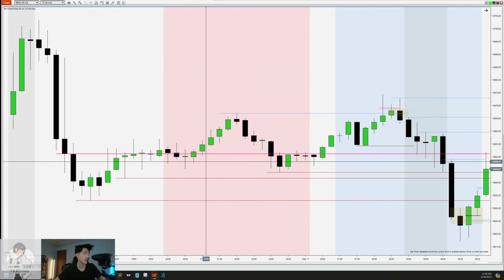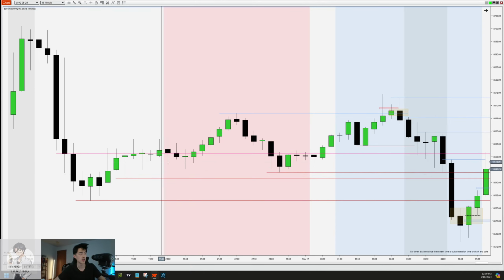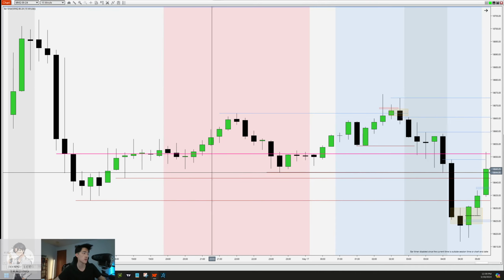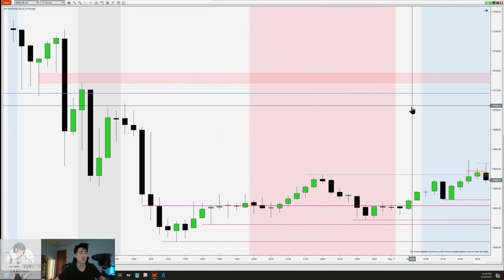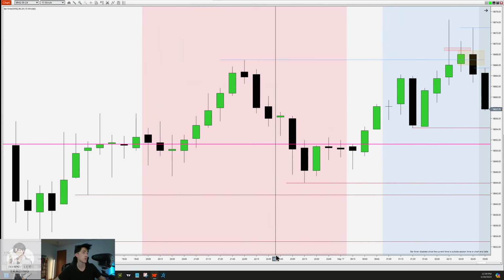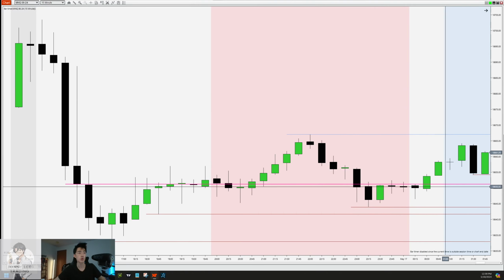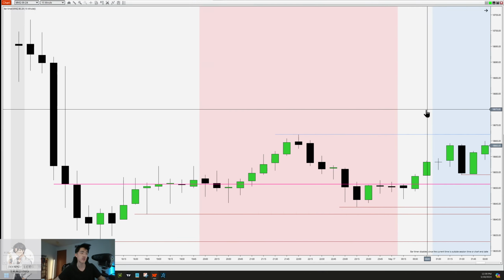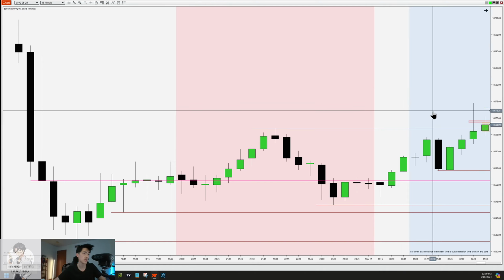I'll be looking at it on a 15-minute chart so I can see where the intermediate and the short-term highs, short-term lows are, the key ones at least. And then once this occurs, that's going to help me plan out what the session for London is going to look like. So here we would have expected buy side to get taken first, and then we would have looked for sell side to be taken.